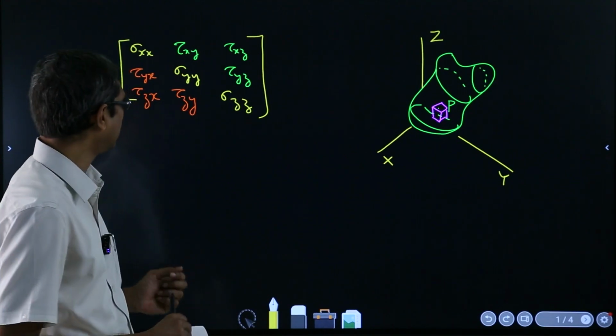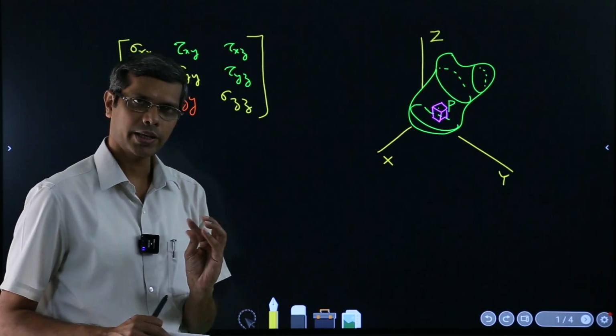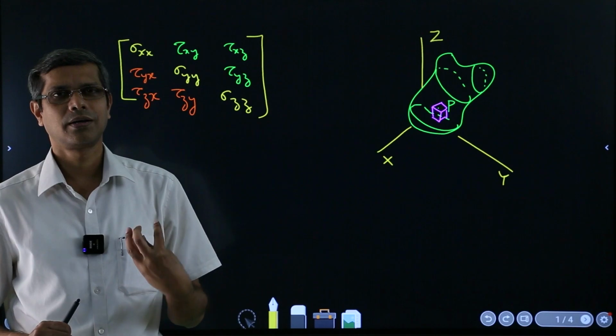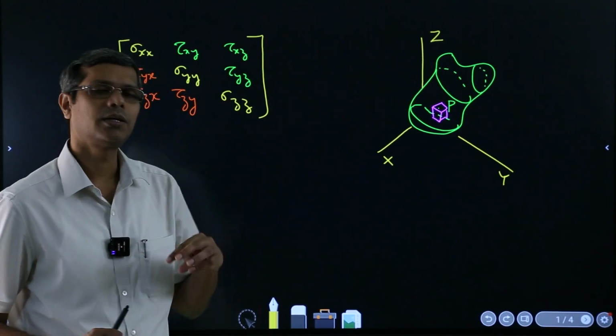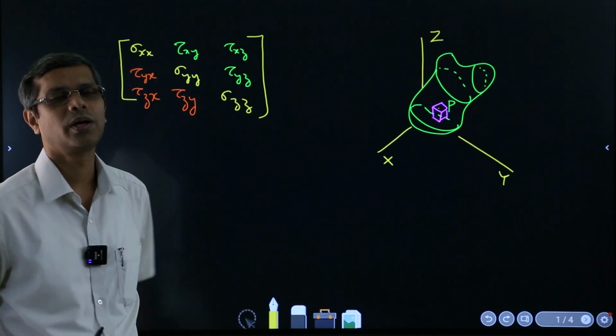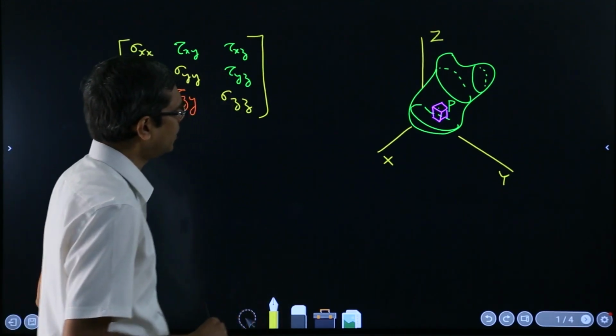We can't tell that. So we have to look by changing either the coordinate system or changing the cuboid. Both are the same in a way.